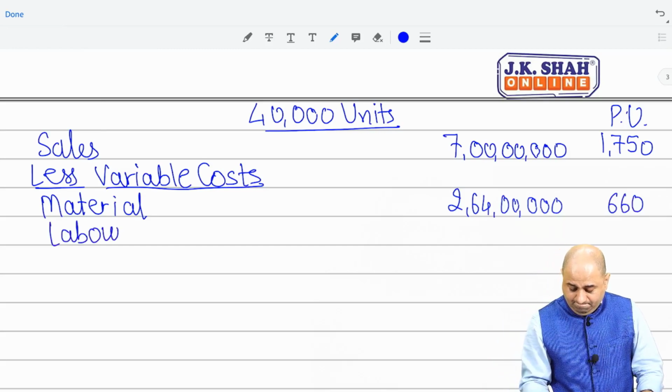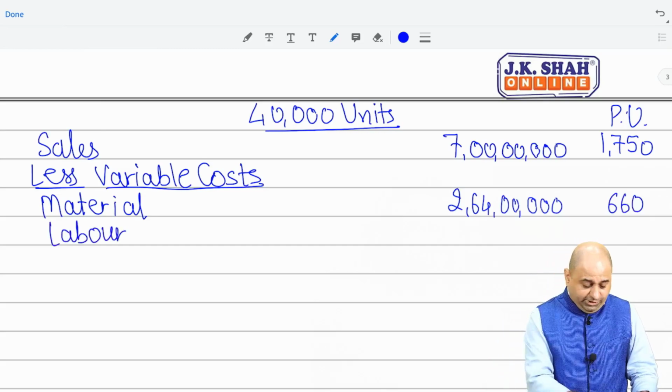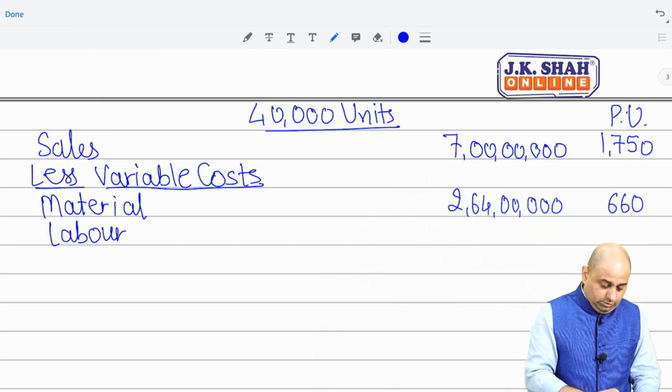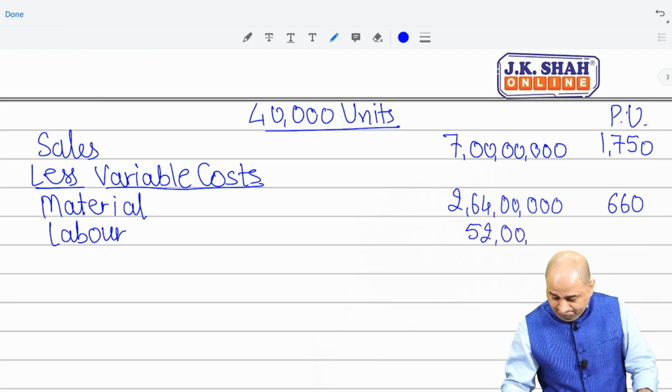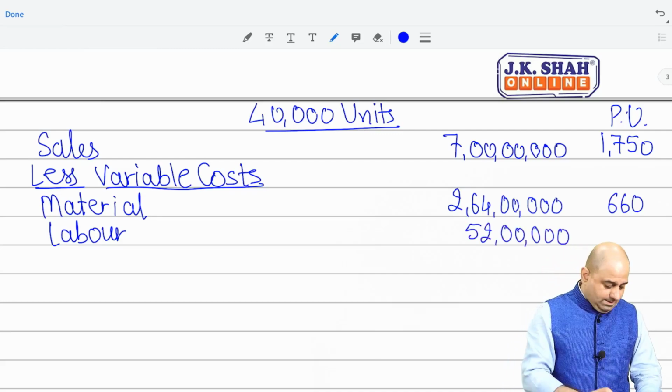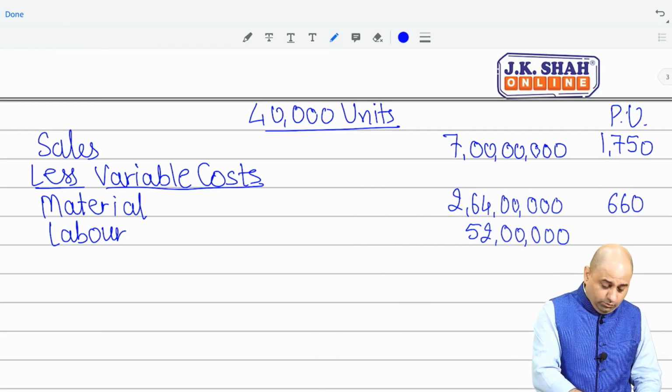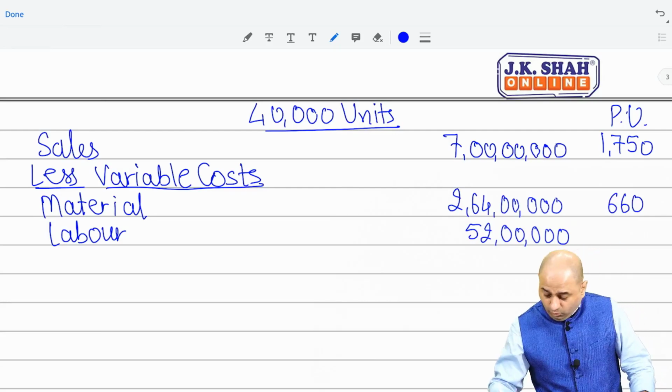Labor, that is 52. So 52 lakhs. I'll calculate the per unit figure of that as well, 130.